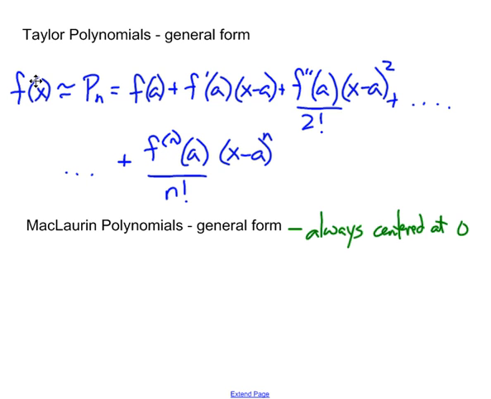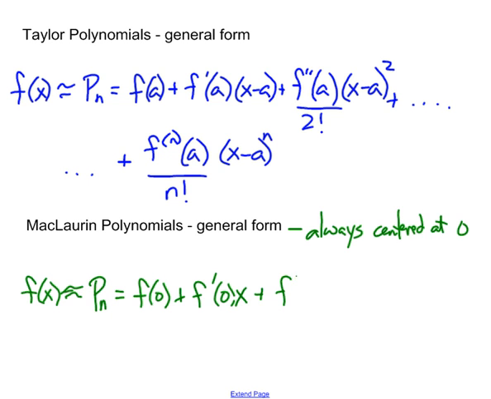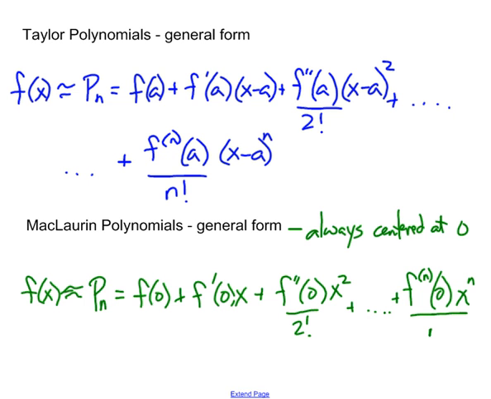So for our Maclaurin, it's going to look like this. f of x is approximately our polynomial, and we have f of 0 plus f prime at 0 times x plus f double prime at 0 times x squared over 2 factorial plus dot dot dot plus the nth derivative at 0 times x to the n all over n factorial. That's the end of our introduction to Taylor polynomials.